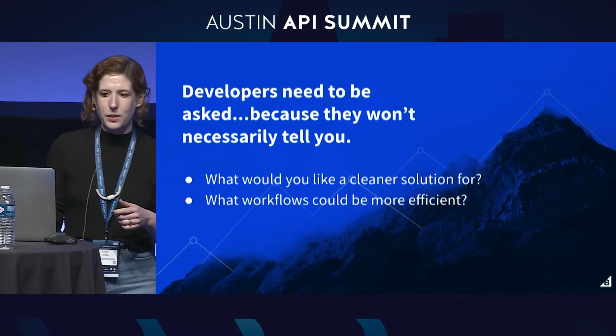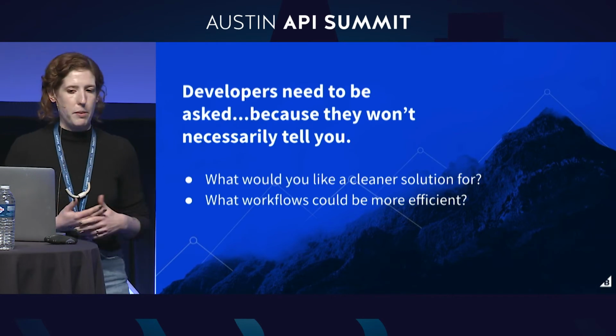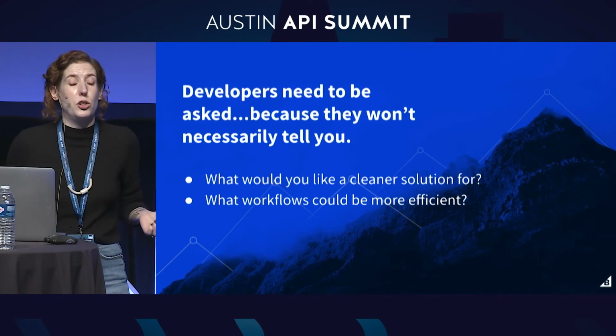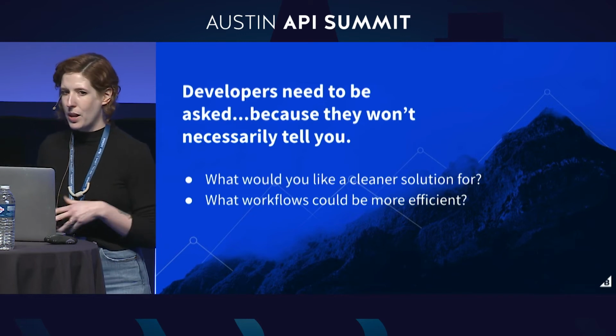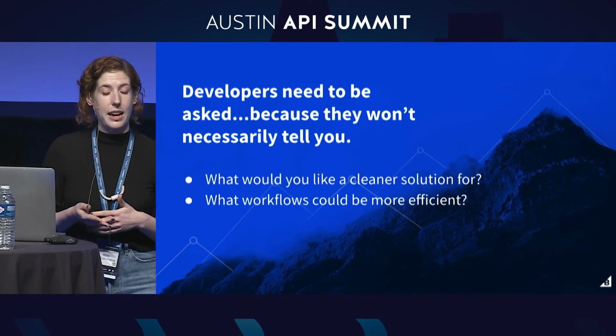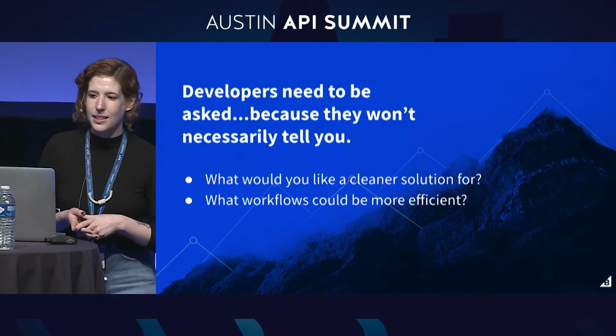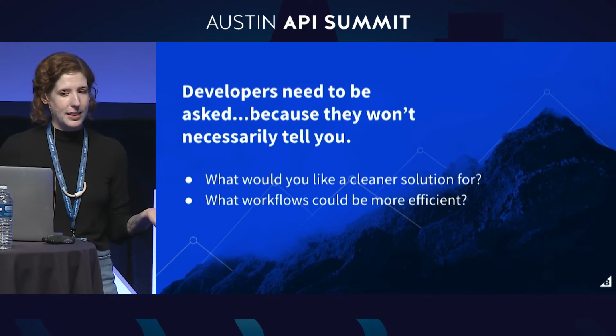If anything, a workaround should be validation that there is a real demand for the functionality, a signal that people actually want to do this thing. But as I've mentioned, workarounds are tricky feedback to capture because a lot of times you just don't hear about them. When you're having a conversation with a developer, they want to tell you about all of the things that they haven't found a solution for yet, not necessarily the things that they have.